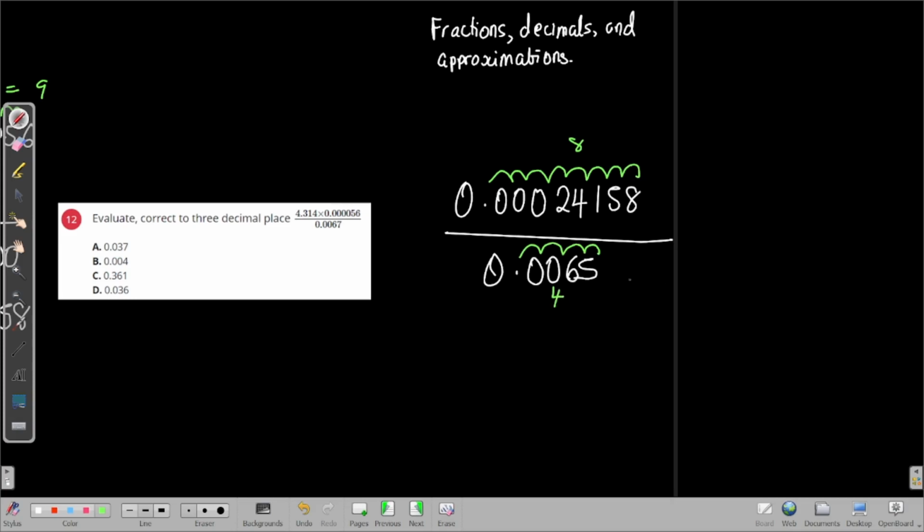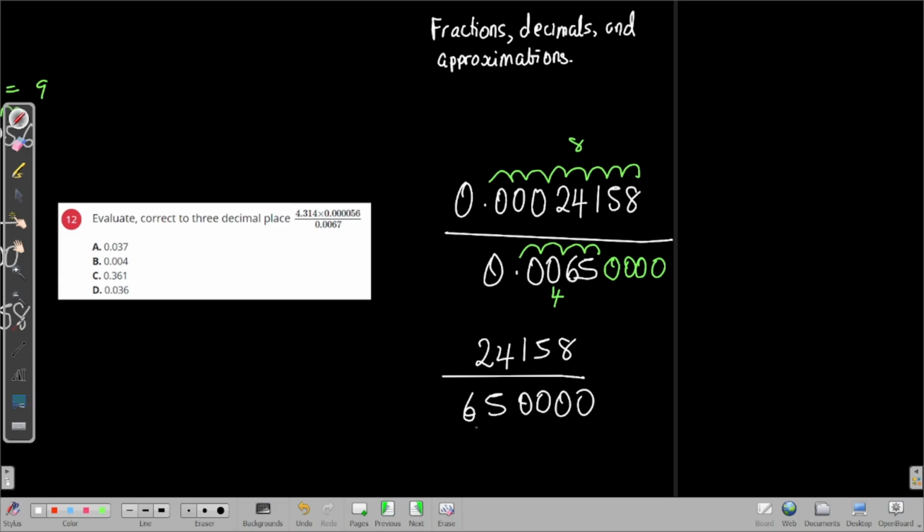So 8 minus 4 is 4. So add 4 zeros here. So you write out only the numbers. So you have 24158 divided by 67 and 4 zeros.